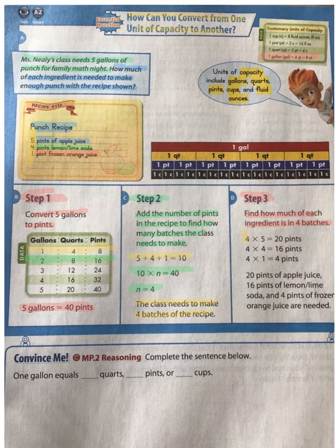So if we look back up at the punch recipe up here, we need 5 pints of apple juice. Since we need 4 batches, we're going to multiply 4 times 5, and we're going to get 20 pints of apple juice.